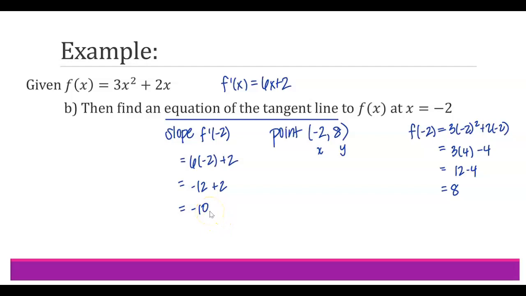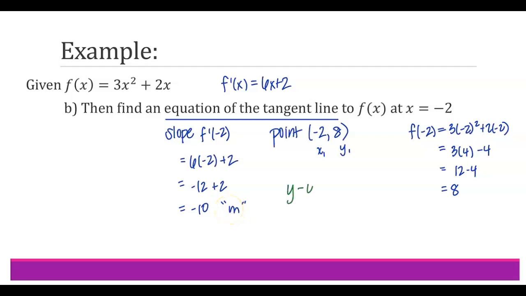Right? A slope is a number. So when I have my slope, that's my m value, and I have my point, that's my x1, y1 value, because where we're going to go from here is we're going to plug x1, y1, and m into point slope form of a line.